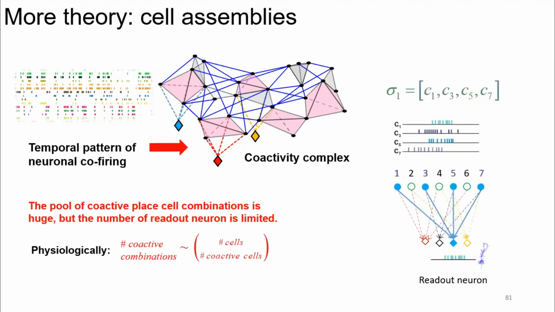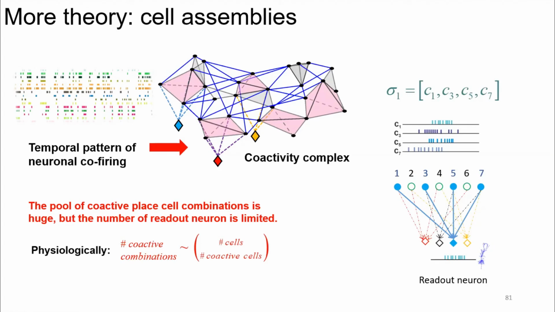But that is immediately a problem of a mathematical nature, because you can ask how many of these combinations you have. Even with the most basic estimates, thousands of cells are active, and the number of cells that are coactive at any given moment is, let's say, hundreds. It's basically a binomial coefficient, n choose k, with n being thousands and k being hundreds, and as a result you have astronomical numbers. So it's obvious that this approach cannot possibly work.